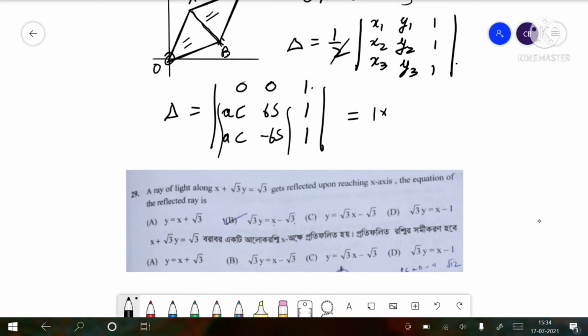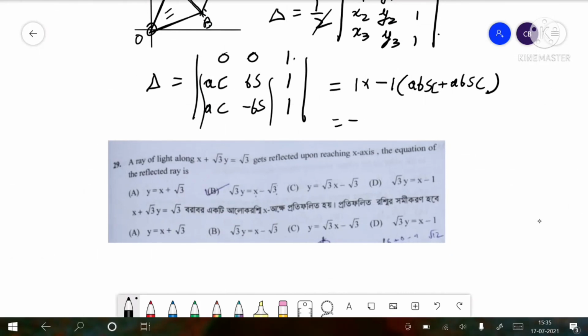That is basically 1 times minus ABS plus ABSC plus ABSC, that is sin theta into cos theta. Since the area is always positive, we can write this as positive 2AB sin theta cos theta.